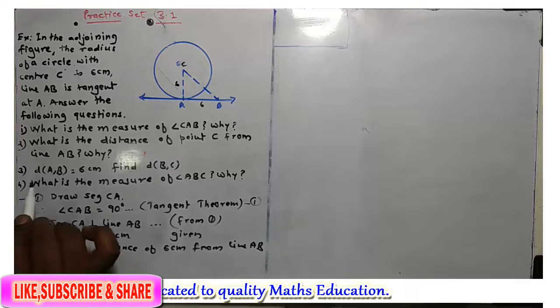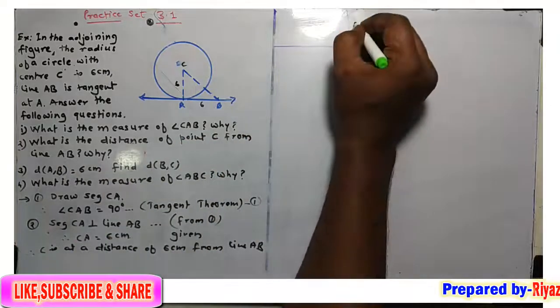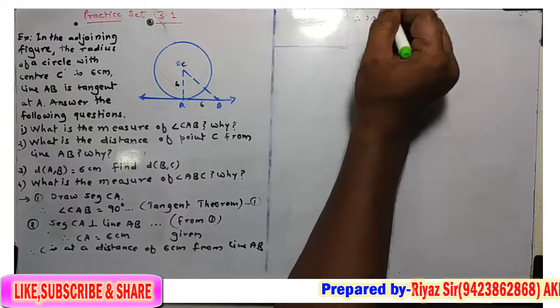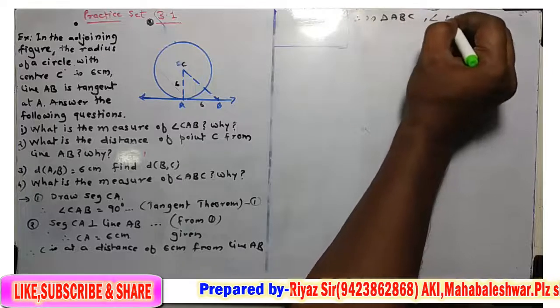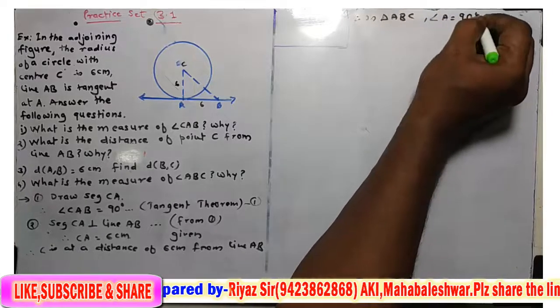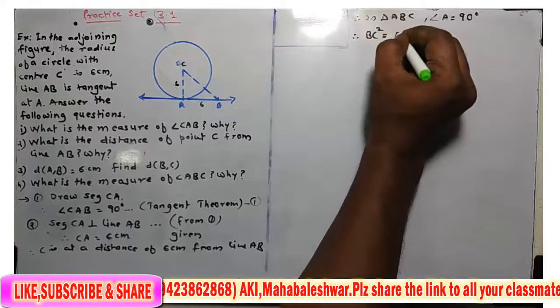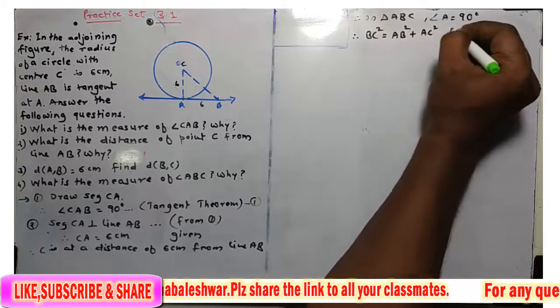Okay, now third one, distance AB is equal to also 6 here. Okay, and therefore in triangle ABC, angle A is equal to 90 degree. It is given. Therefore, BC square is equal to AB square plus AC square.